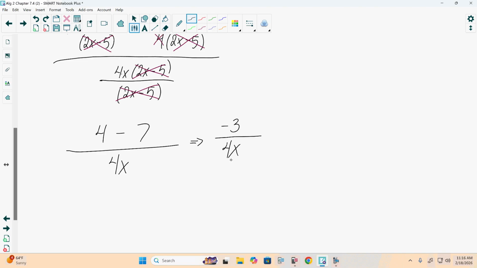Negative 3 and 4 don't have any like terms, so we can't simplify, we can't reduce there. We could if they did, because there is no addition or subtraction on top at this point, none on bottom. We don't have terms that any of the addition or subtraction to mess with this here. But this is as simplified as it gets. Negative 3 over 4x. Questions on this here?